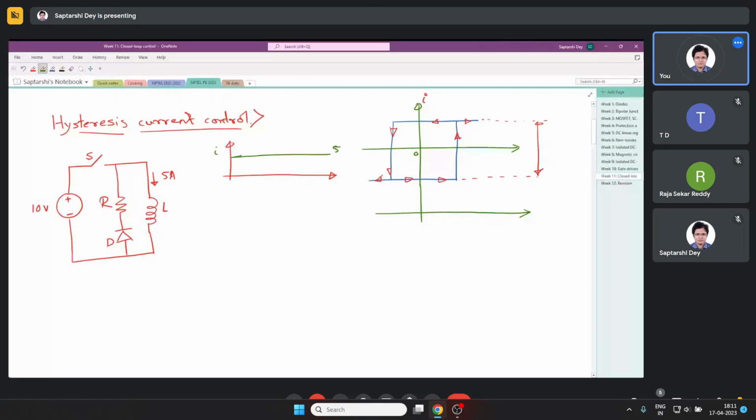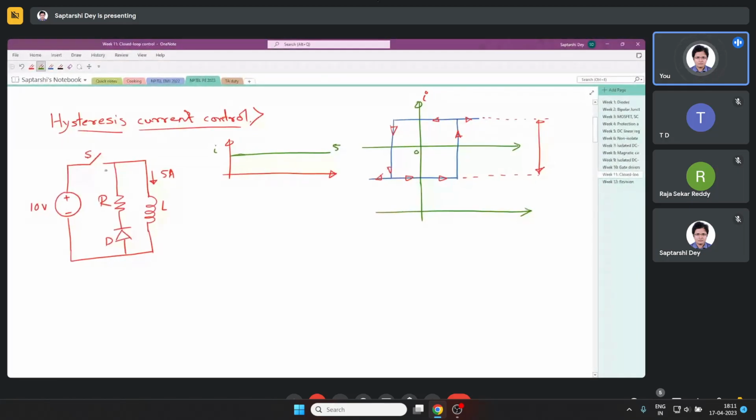As soon as it reaches 5 ampere, again it has to be closed. So ideally speaking, if you want to maintain a current of exactly 5 ampere, then you will need ideally infinite switching frequency, right? This is true for other cases also.